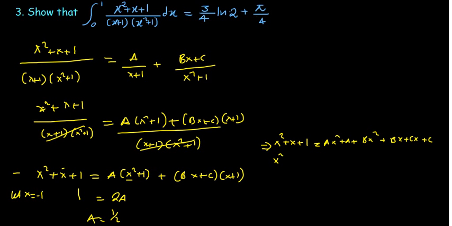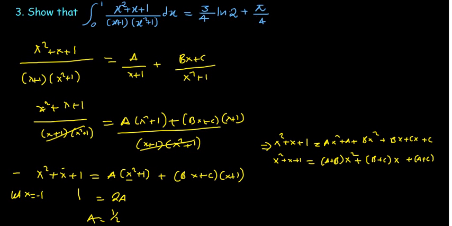So first, x² + x + 1 is equal to, I'm getting those with squares, I factorize out the coefficients, that will be (A + B)x². Those with x, there is B and C. So (B + C)x, and then plus we've got A + C.